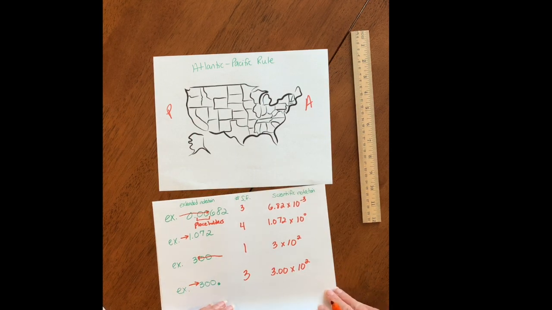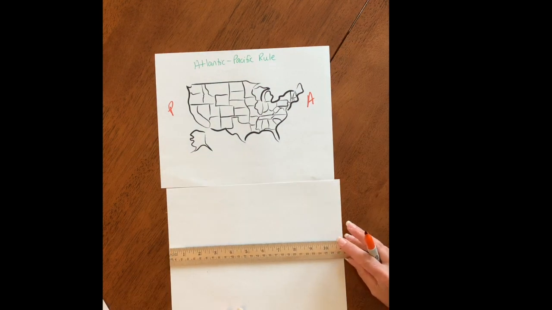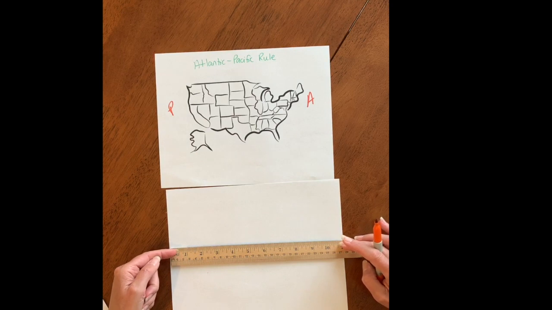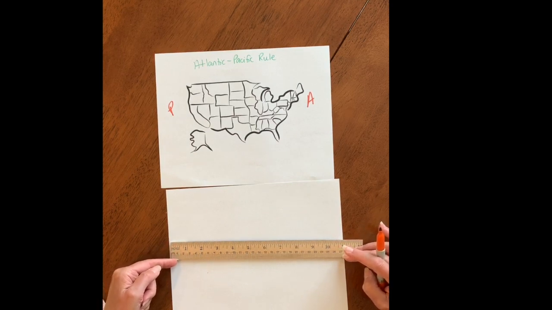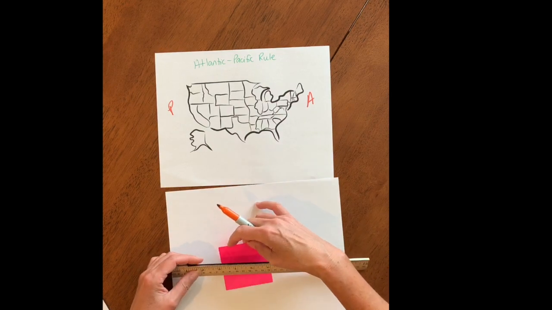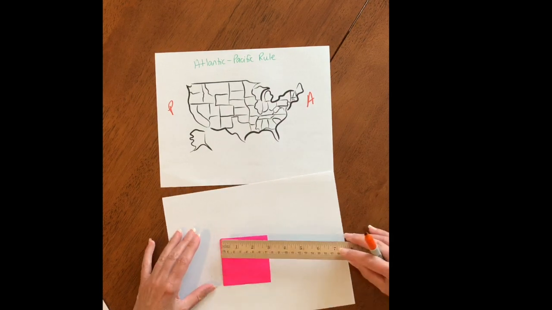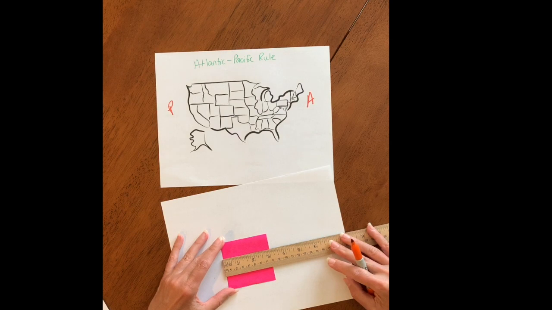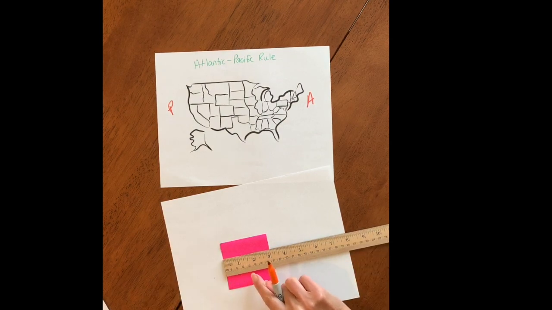I have one more example using this common tool, our metric ruler. Now, of course, we do have the inches here, and we have the metric system down here. In science, we always want to use the metric system. If I go to measure this Post-it note, first of all, you're going to notice that the smallest unit of measurement is the millimeter.